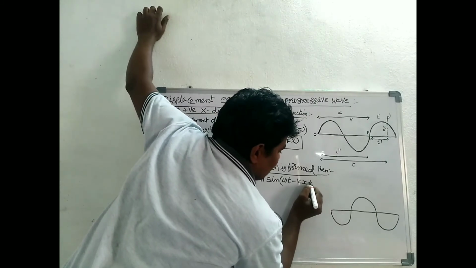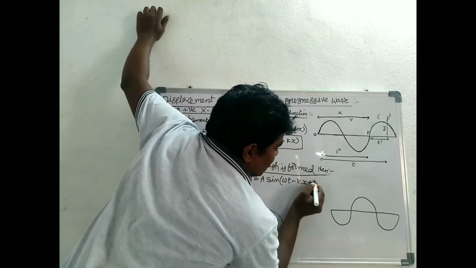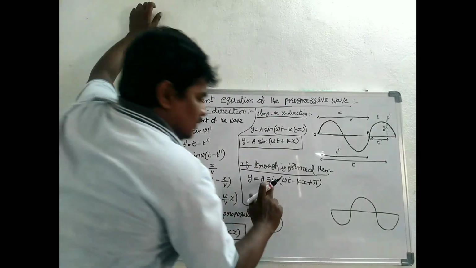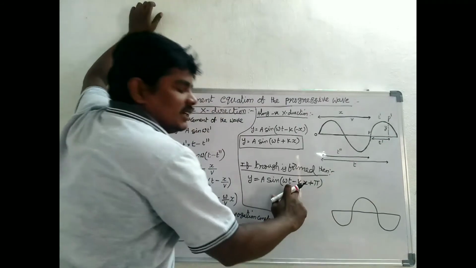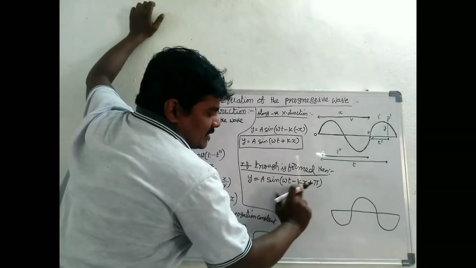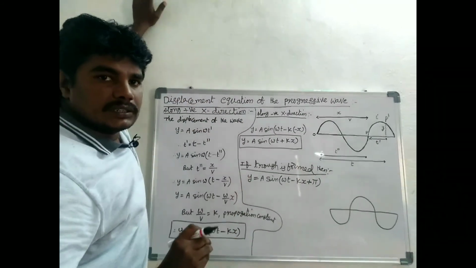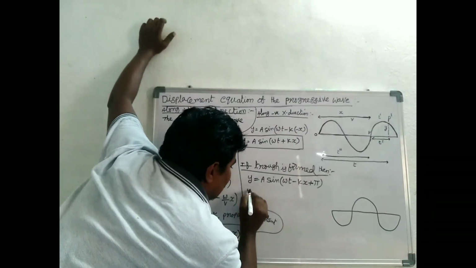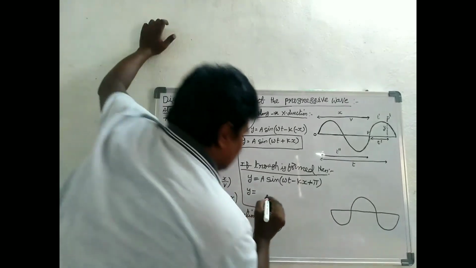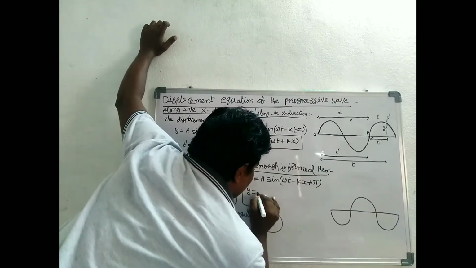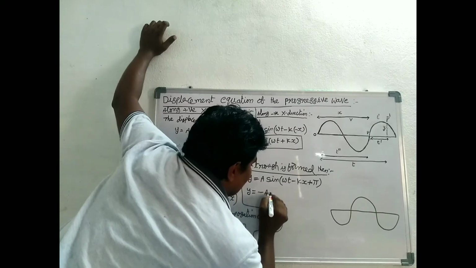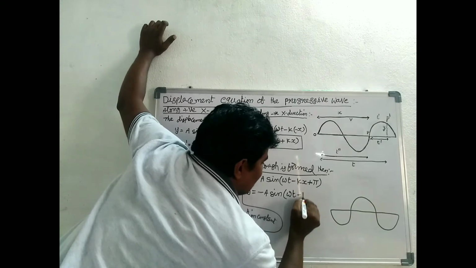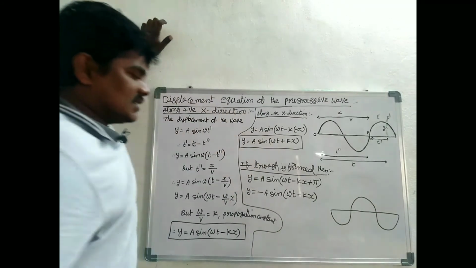We take that phase difference, pi. This is sin of pi plus theta, which is in the third quadrant. In the third quadrant, sin becomes negative. So we can write y equals minus a sin omega t minus kx.